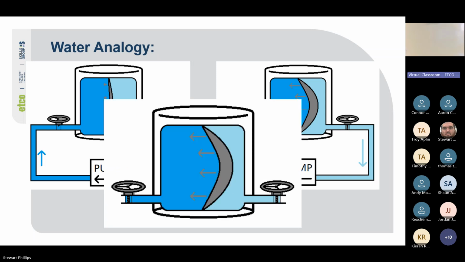cool. So what would happen if we were to suddenly turn the pump off? We've built up this pressure, we've pushed with the voltage. What would happen if we turn the pump off?